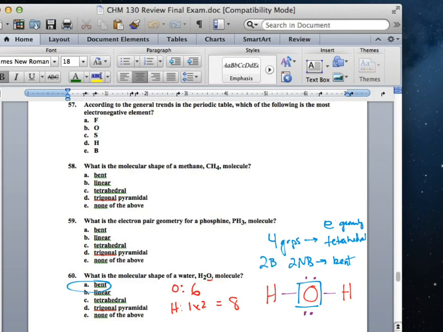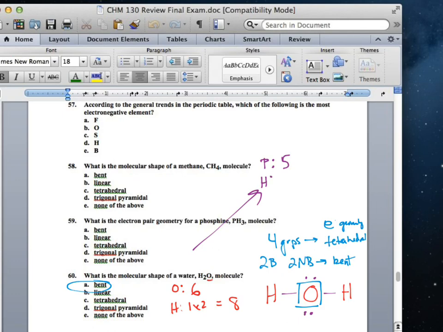So let's move to 59. Electron pair geometry for phosphine. Is phosphine bent? Does anybody actually know that one off the top of your head? Probably have to solve it. So how do we solve it? To draw the Lewis structure, phosphorus comes in with 5.